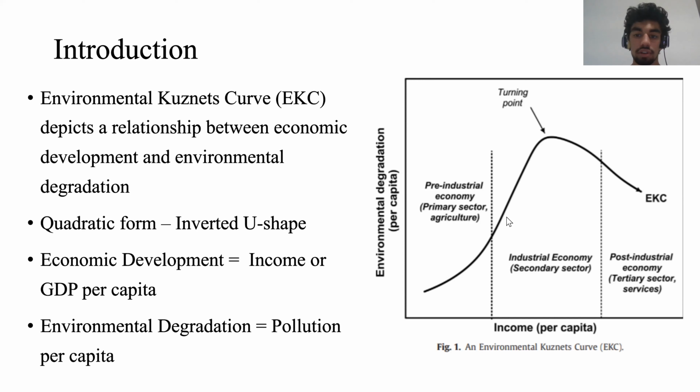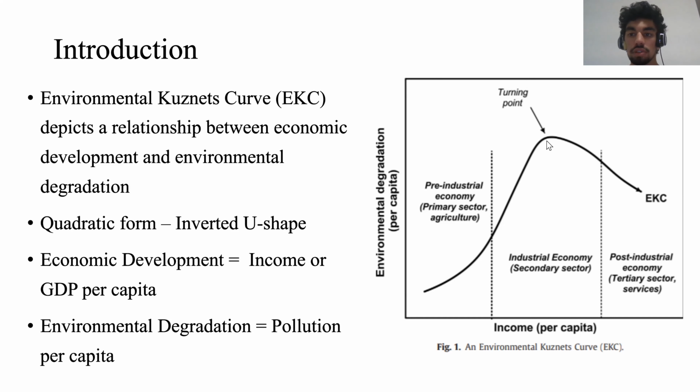In the first sector, within a pre-industrial economy, the model predicts that as economic development increases, environmental degradation will also increase. Moving into an industrial economy, it predicts that we will continue to see this positive relationship between economic development and environmental degradation, such that as economic development continues to increase, so does environmental degradation.